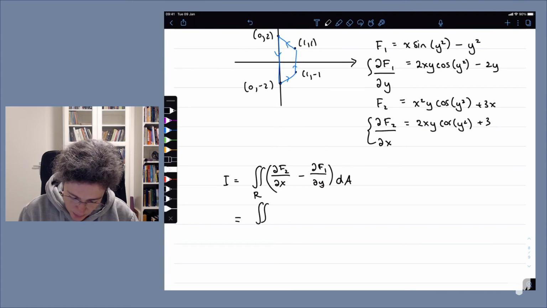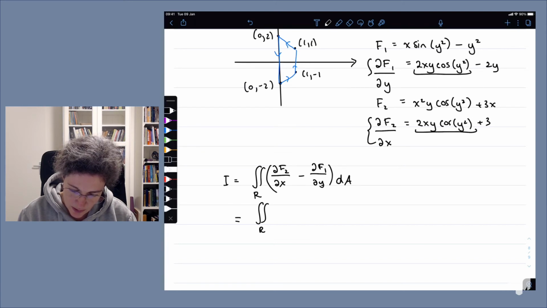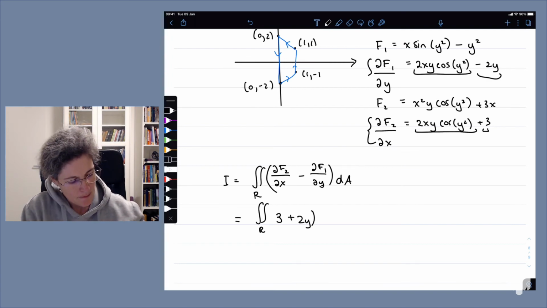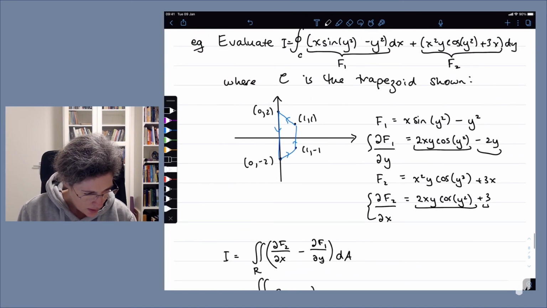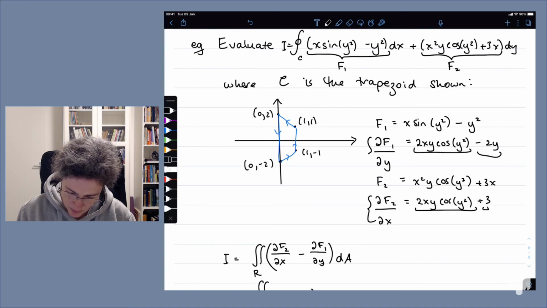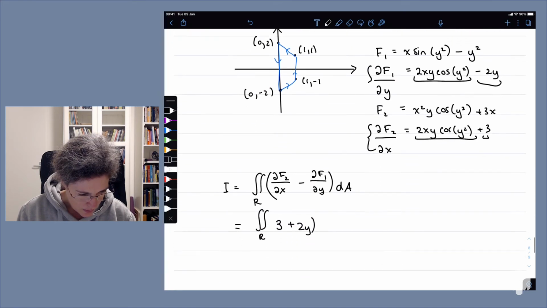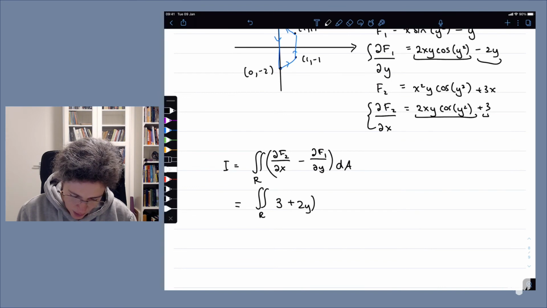So we've got our integral over our region. We've got this term subtracting off that bit, so those will cancel, and then we've got the 3 minus 2y. So we get 3 plus 2y. Did I do that correctly? Let's just check. Yes. Okay.